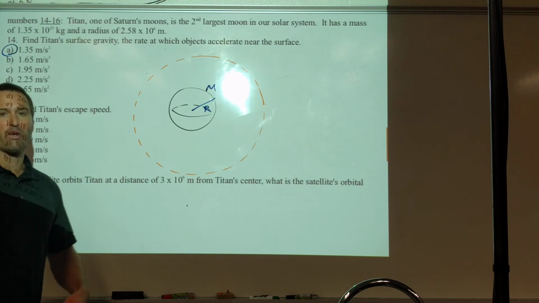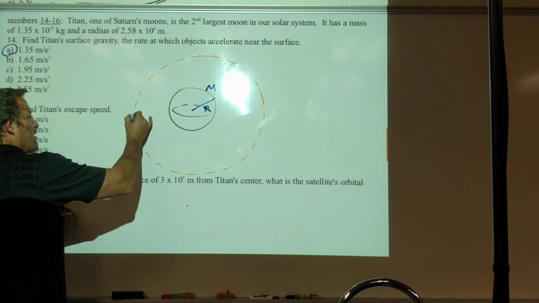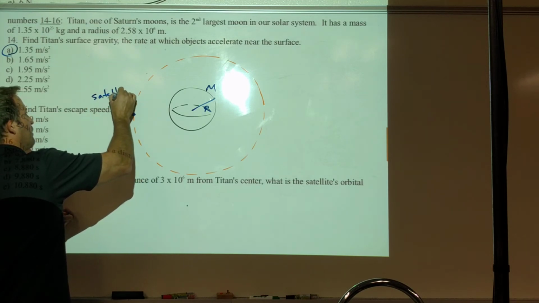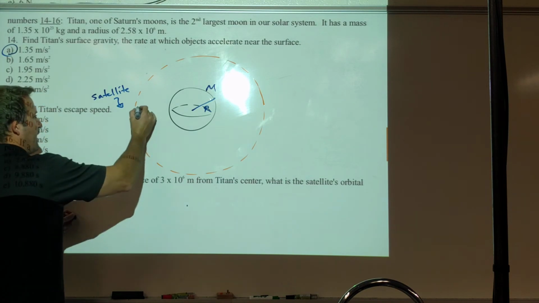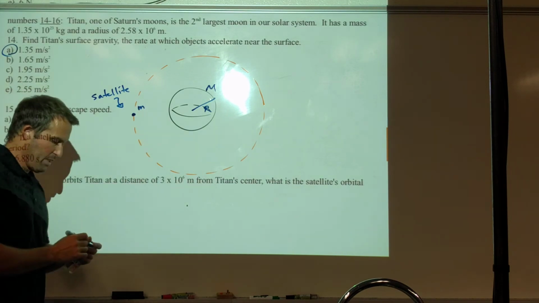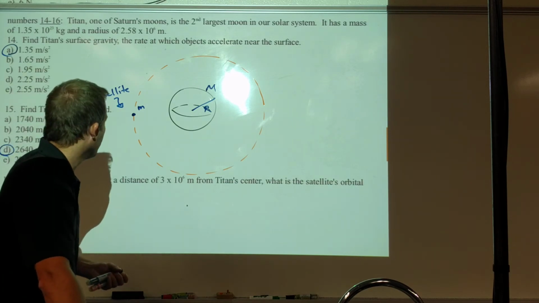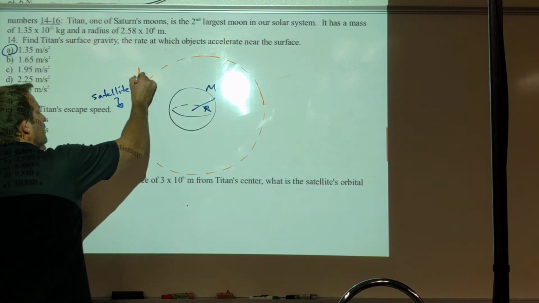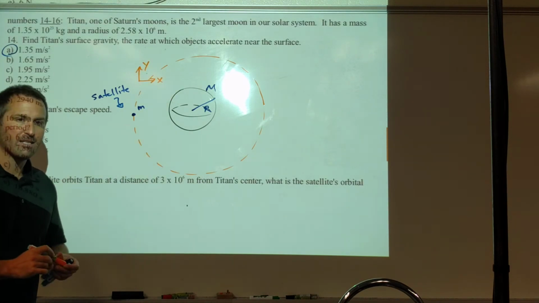And the way we're going to do it is we're going to start off by using Newton's second law. So let's consider our satellite to be here. And the satellite, we can say, has mass little m. And we want to use our forces strategy, so we should choose an xy axis.